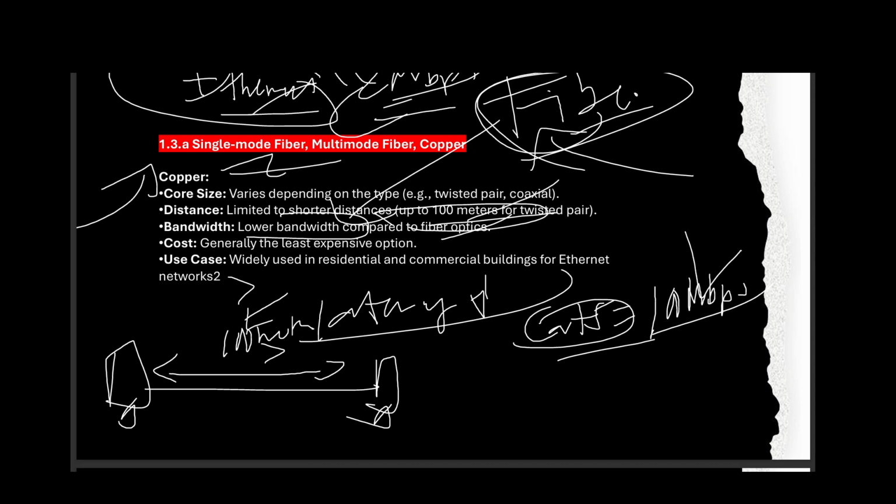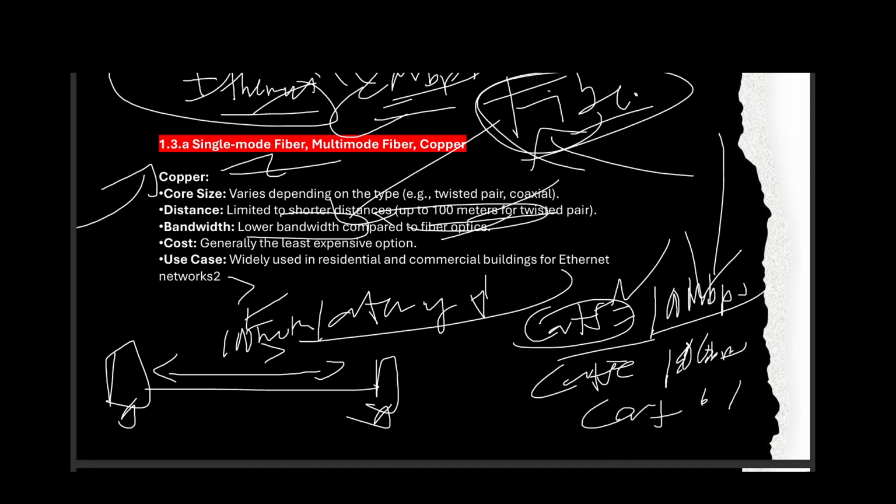So no matter how fast your internet speed is, you're always going to be capped at 100 Mbps. So you either choose a higher level, like a Cat 5e, which I think can handle 1 Gbps, or a Cat 6 that can handle 10 Gbps.